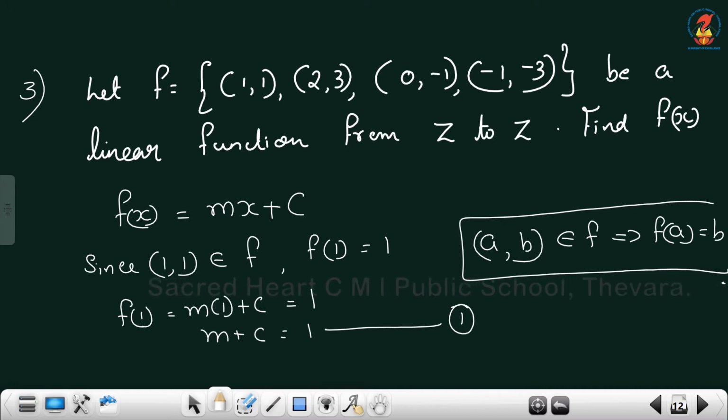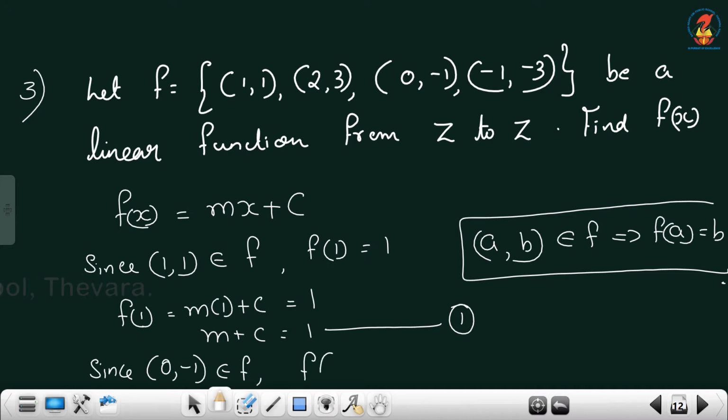Now one more pair you can take, either (2, 3) or (0, minus 1). (0, minus 1) is easy since one element is 0. So again, since the ordered pair (0, minus 1) belongs to f, I can write f of 0 is minus 1.